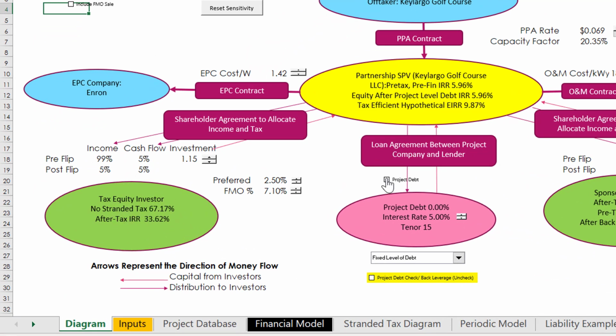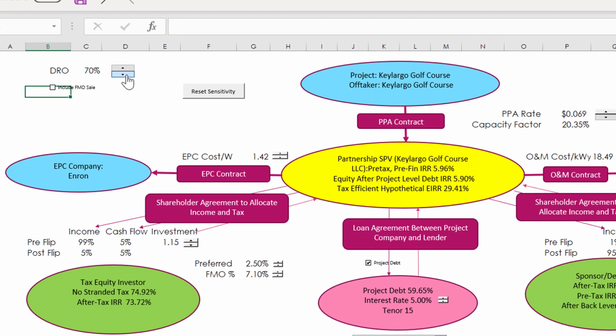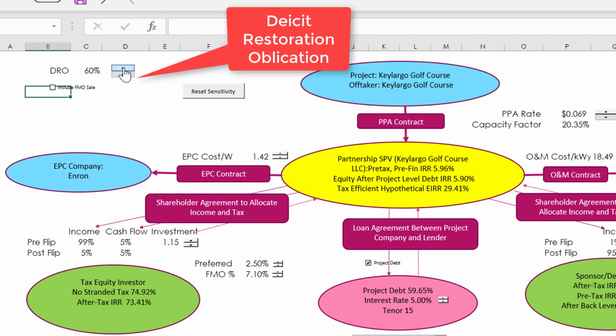Okay, and if I use something called a deficit reduction obligation, or DRO, whatever it's called, I get a different IRR.